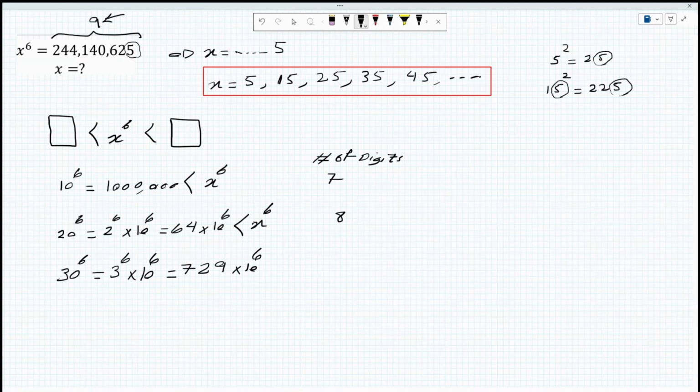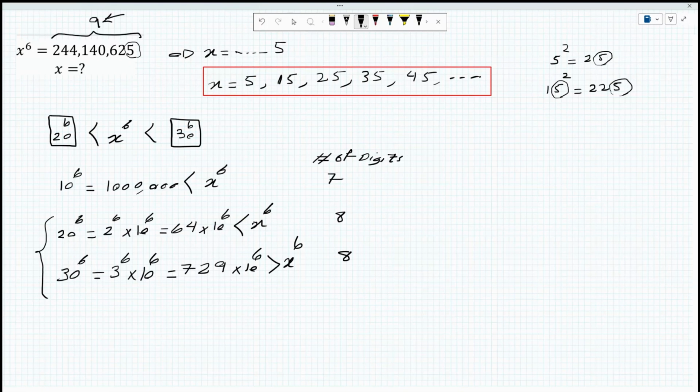So here we have 9 digits, and also we know that this number is more than x to the power of 6. So it means that x to the power of 6 is between these two numbers. So here I'm going to write 20 to the power of 6, and here it's going to be 30 to the power of 6.